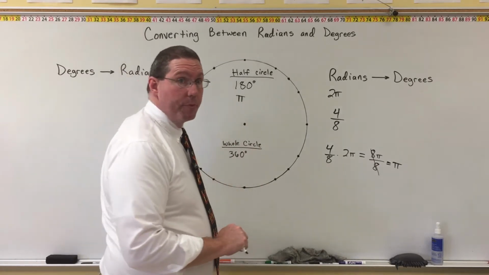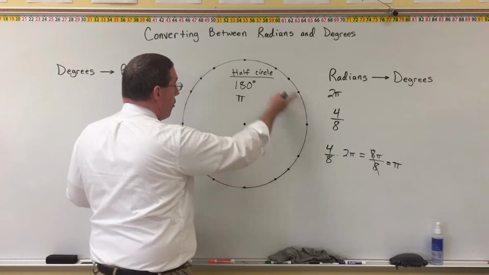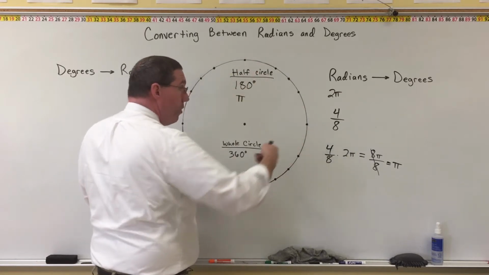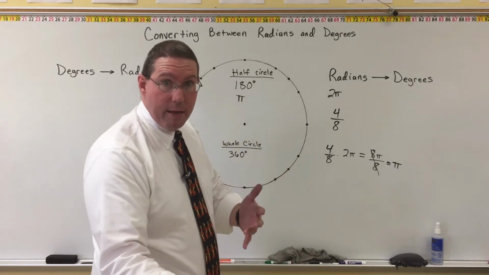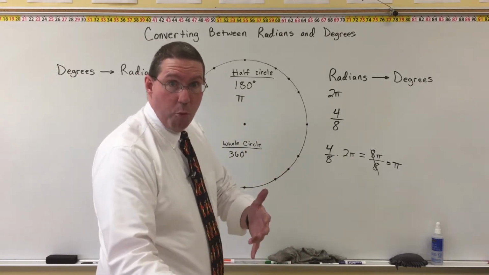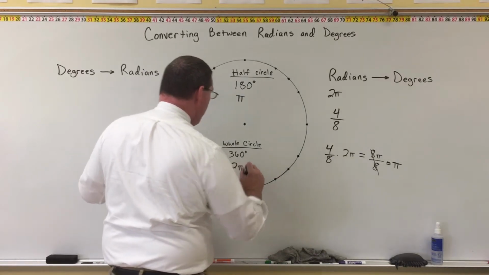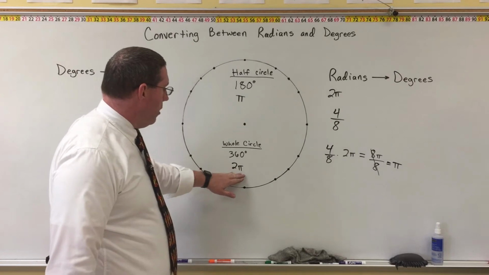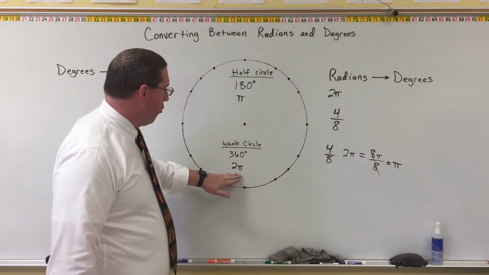And we already know that the circumference of a whole circle, when the radius is 1, is 2 pi, because circumference is 2 pi times radius. Radius is 1, 2 pi times 1 is 2 pi. So the angle measure for the entire circle is 2 pi.